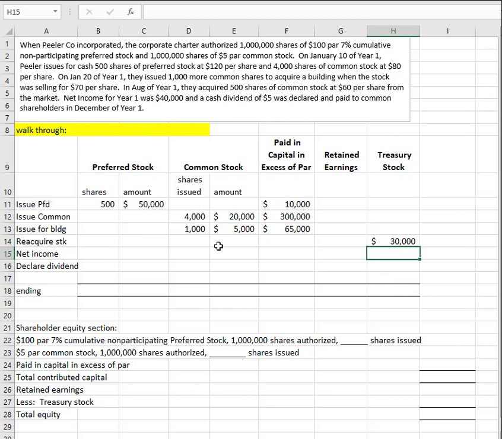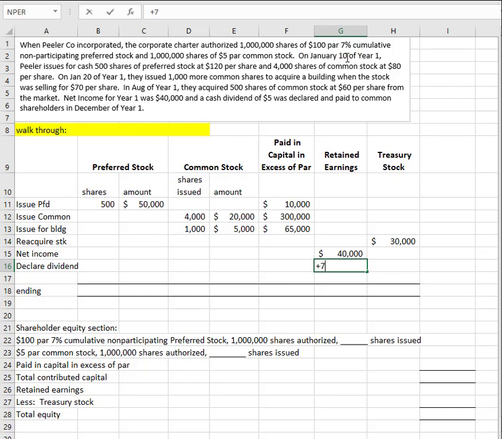All right, then they had net income, and net income increases retained earnings. And then we have a dividend. Now, they paid $5 a share to common. They can't pay anything to common until the preferred shareholders get their maximum per share for the year and any arrears. We don't have any arrears because it's the first year of business. But we've got to pay that $100 times 7%, that secret code, that's $7 per share maximum dividend.